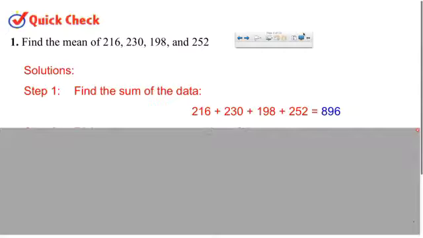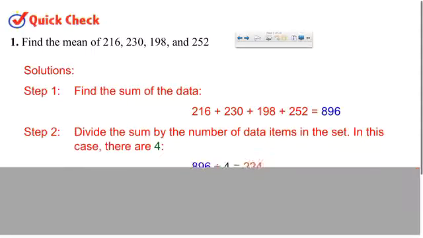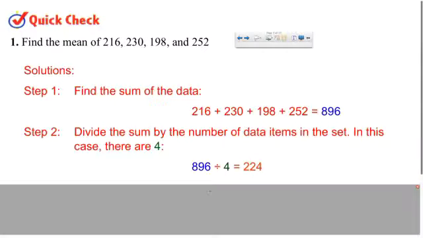There's a number of ways to say it. And how many were there? 4. Okay, so you're going to divide the sum by 4. You're correct. And what did you get when you divided by 4? 224. I think I got the same thing. Everybody got that? Any question?